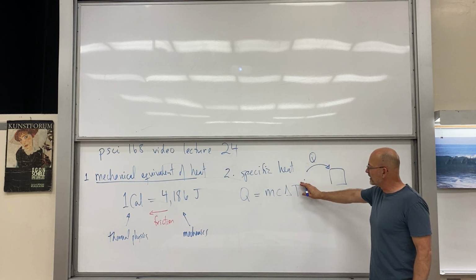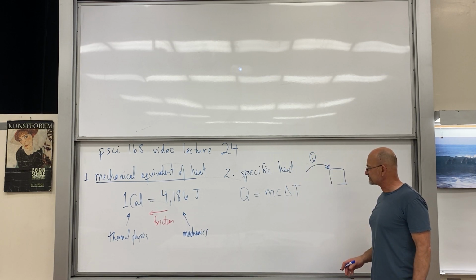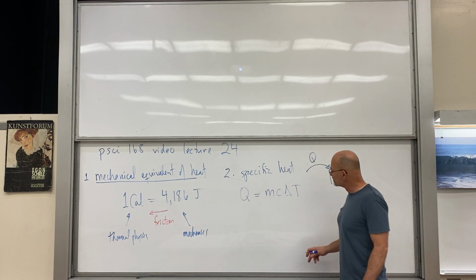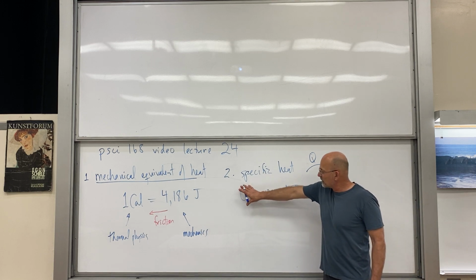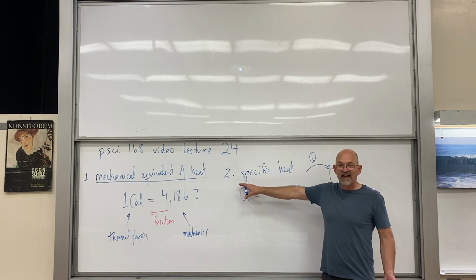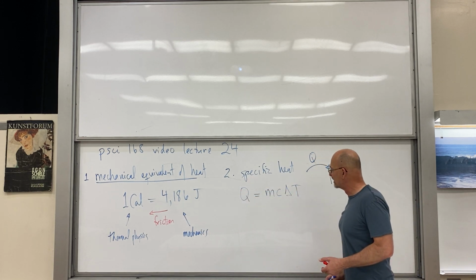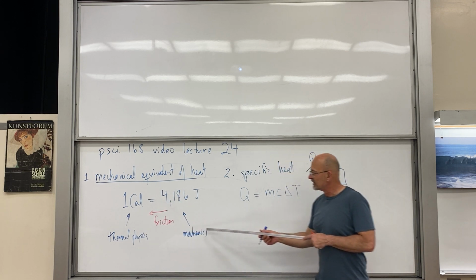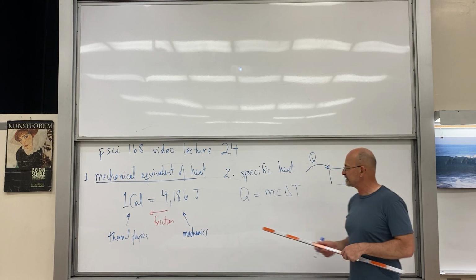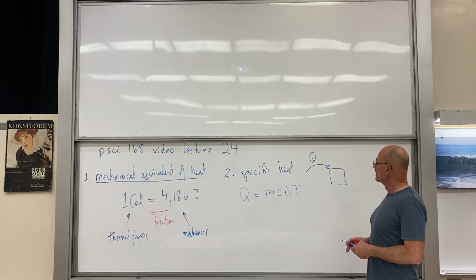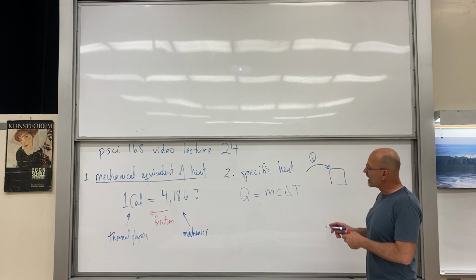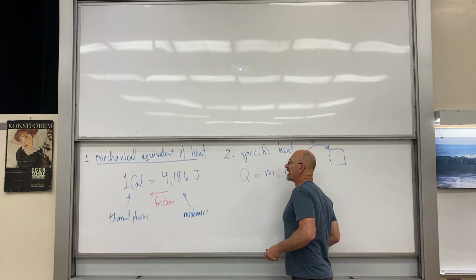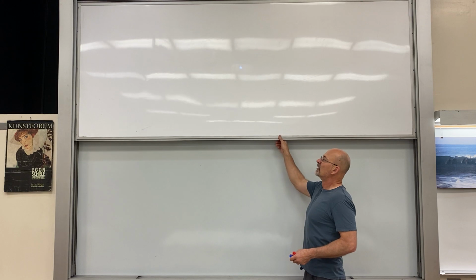So this formula is also very important. And after determining this, we were able to express thermal energy in terms of joules. So in a sense, we've left the calorie behind, but it's always there in the back of our mind. Good, so specific heat. And now I'll get to what I had put on the board at the end of the last hour.